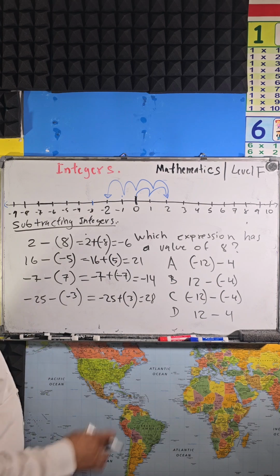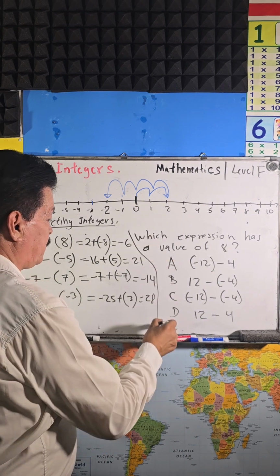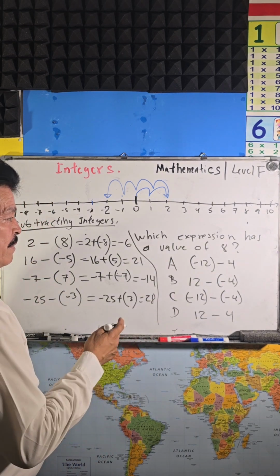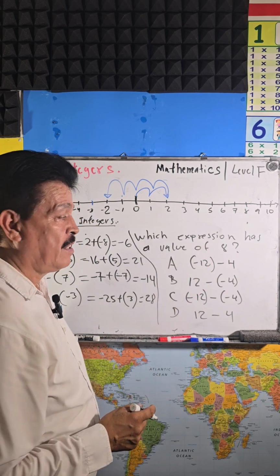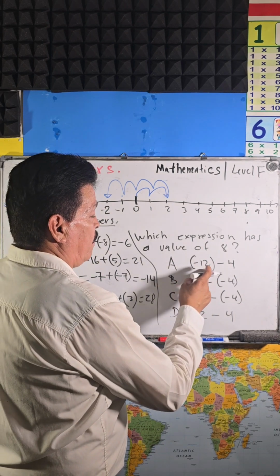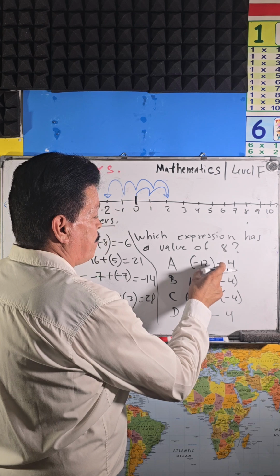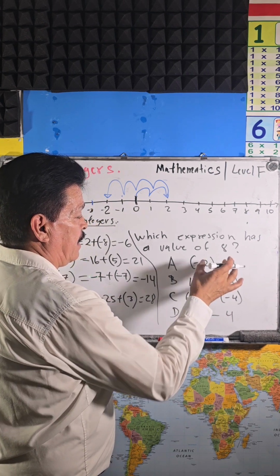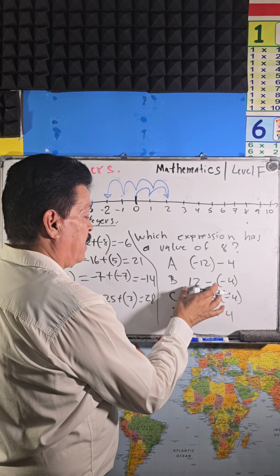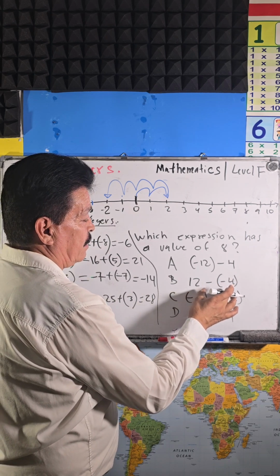All these, so here, we have to solve our problem. Which expression has a value of 8? Here, of course, this is going to be negative 60. Here is 12 plus 16.